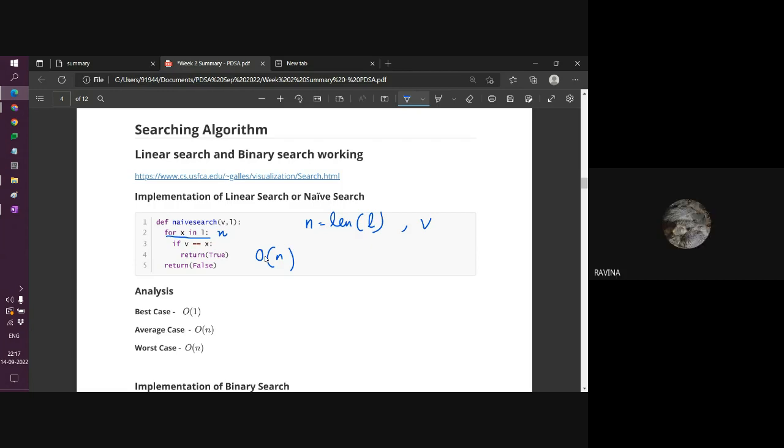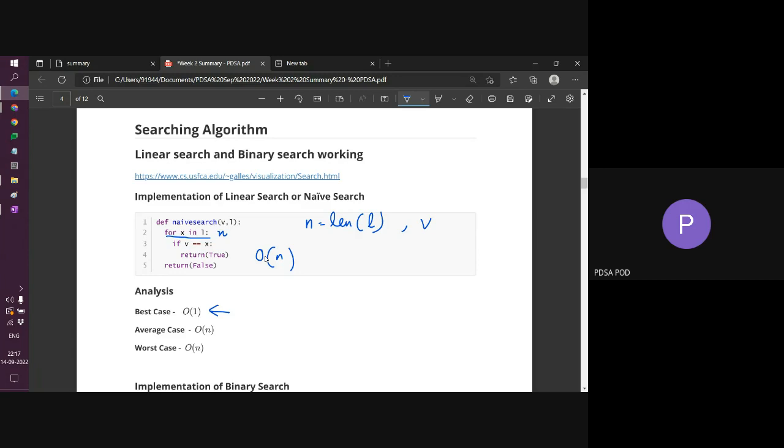No, ma'am. So what is the best case? Why is it O of 1? Ma'am, if we get that element b in the first iteration, then it will be O of 1. Correct. That is why this is the best case.